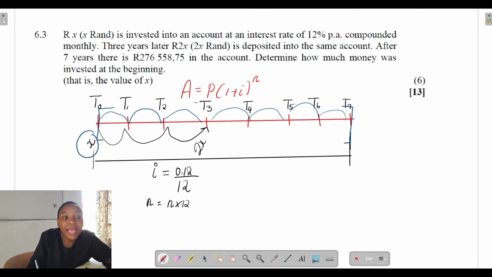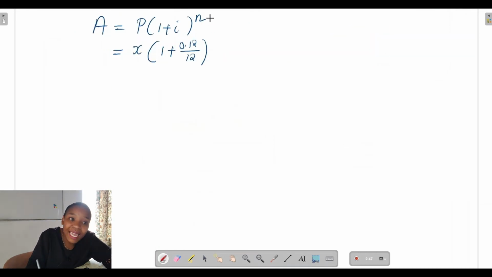And what is our n? This X rand stays in our account for how many years? 1, 2, 3, 4, 5, 6, 7. So the n that we substitute there is 7 years multiplied by 12, because it's compounded monthly.